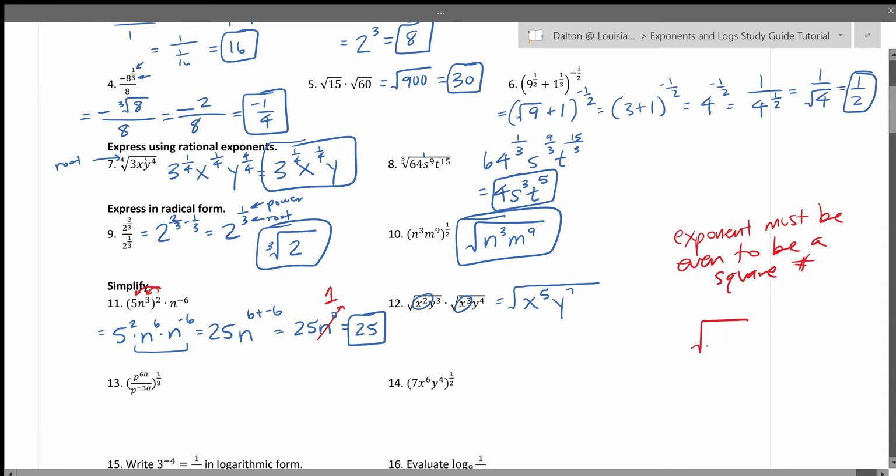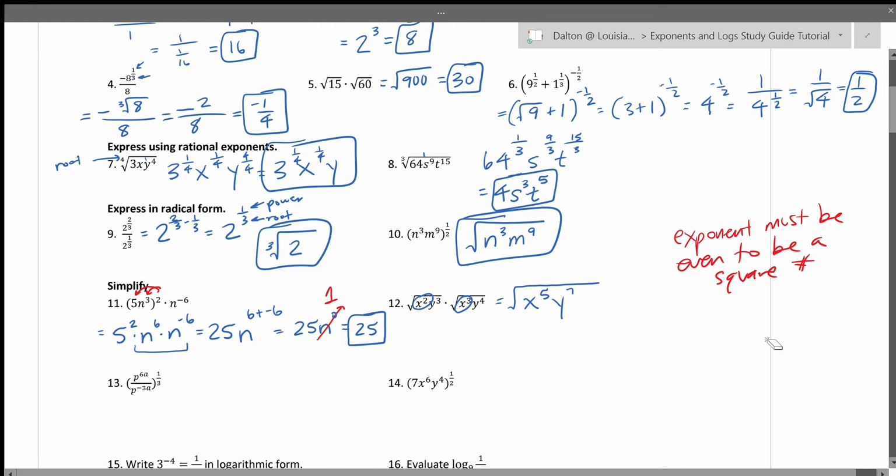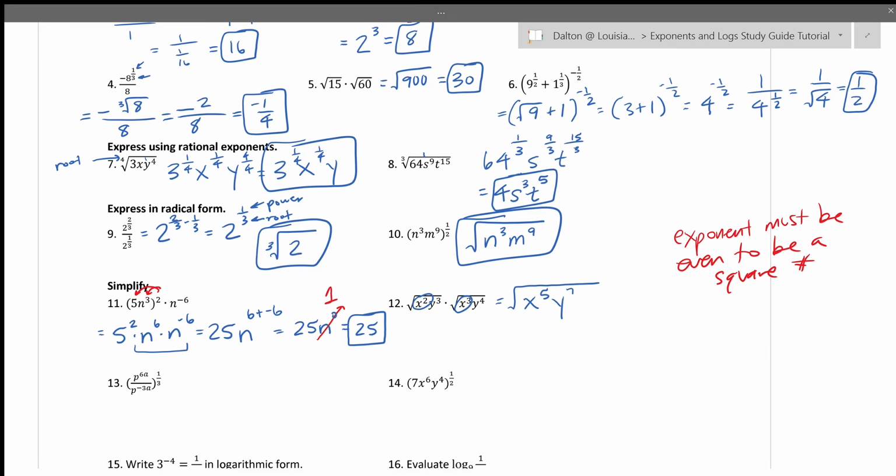If I have the square root of x to the 10th power, the question is what number times itself gives you x to the 10th? Well, that would be x to the 5th times x to the 5th, because 5 plus 5 is 10. So essentially, what you do in order to find the square root of a number raised to an even power is you just divide that even power by 2. So 5 and 7 aren't divisible by 2.